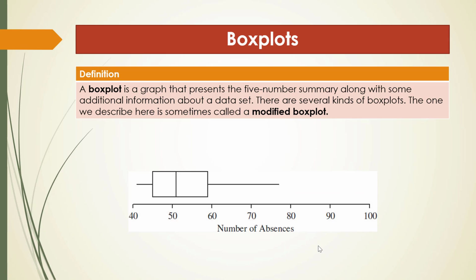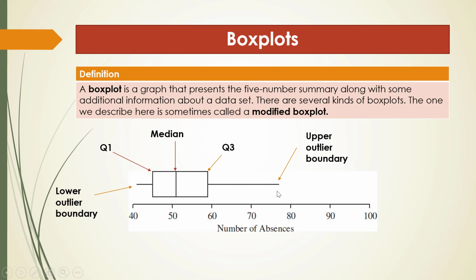On the modified boxplot, Q1 is the first edge of the box. Then we have the median, we have Q3, and there's a line that starts from the lower outlier boundary and finishes at the upper outlier boundary. This is a modified boxplot.